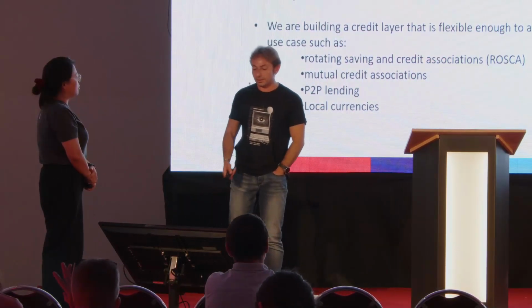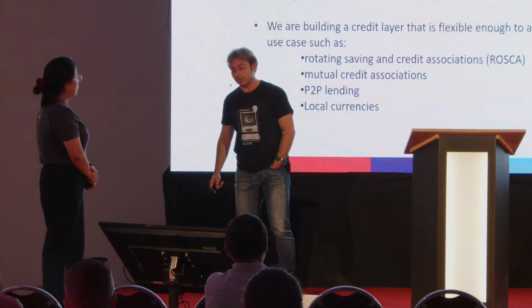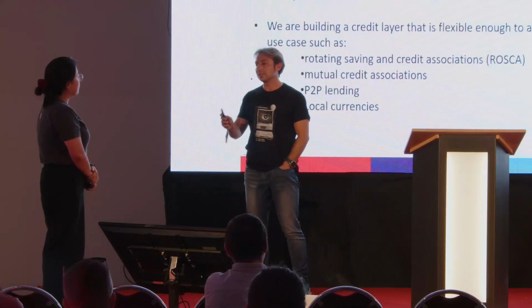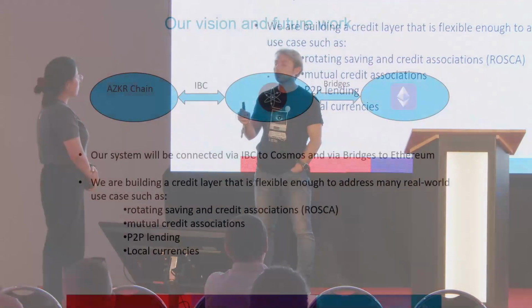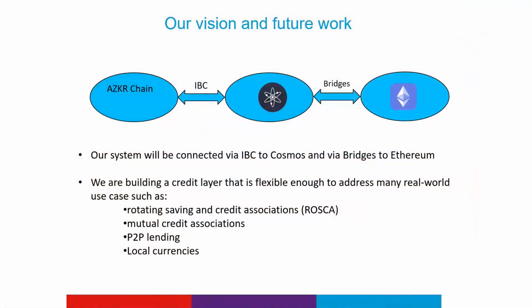Well, for example, for ROSCA, what we really target is to create a solution for real-world people. For example, people who know each other. This is not the case now in the Ethereum ecosystem, but not only Ethereum.